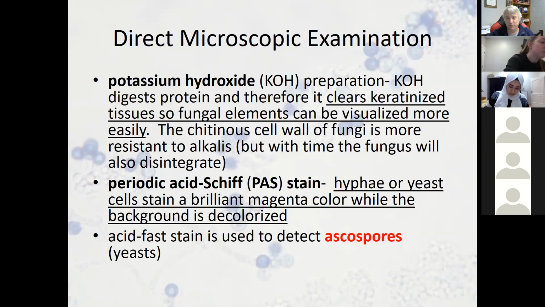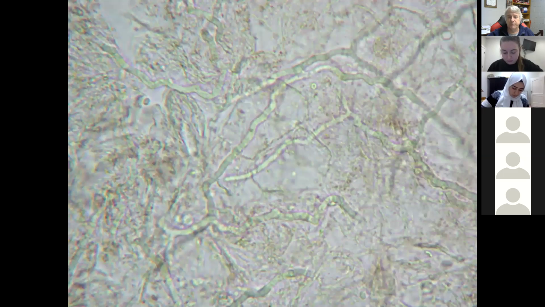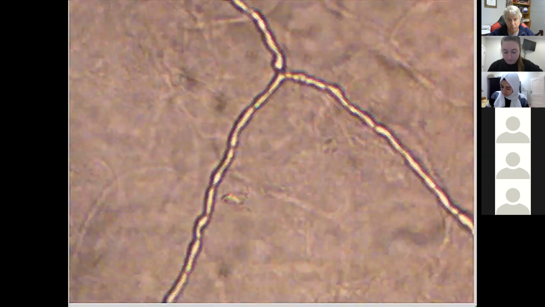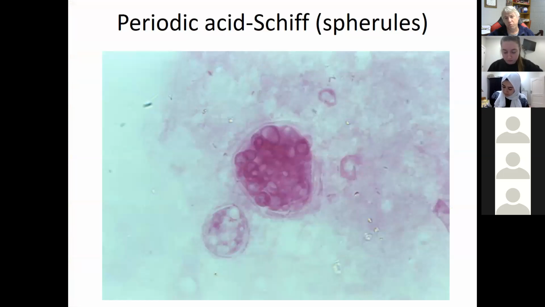Yes, thank you. Purple, reddish purple, magenta. An acid-fast stain we can use here to detect ascospores of the yeast. That's magenta, right? Reddish purple.